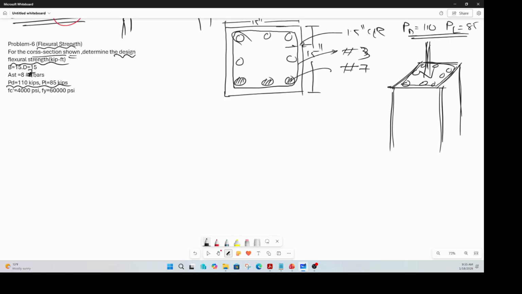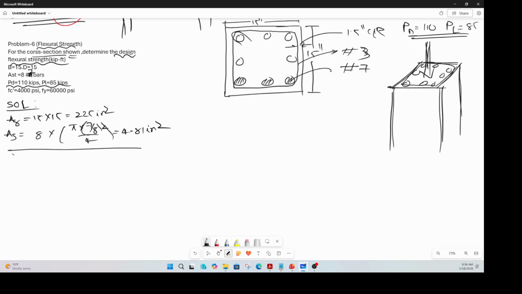We'll start with finding the gross area, Ag, pretty straightforward: 15 inches by 15 inches, 225 square inches. Then we calculate the area of steel. You have 8 number 7 bars.